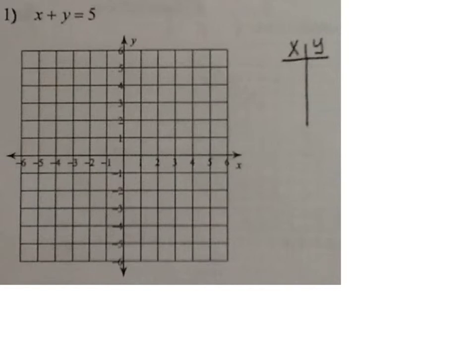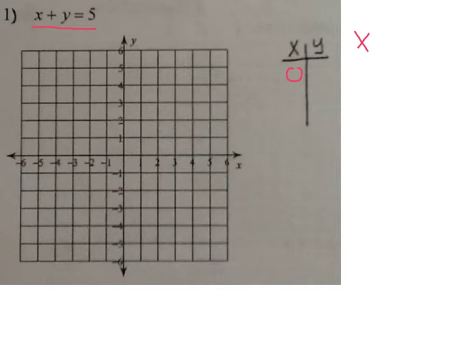Let's look at number 1. x plus y equals 5. We are going to make a T-chart with the x and y intercept as our first 2 chosen points. So we know that x equals 0 when the line crosses the y-axis. Let's see what value we get for y when we put 0 in for x.